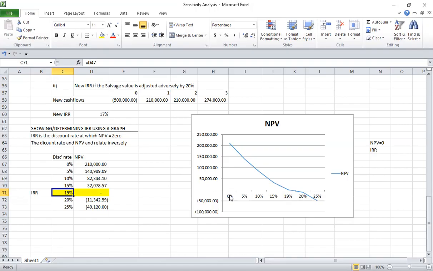For NPV, we have to stick to the two approaches which I've taught. Otherwise, in terms of whether there's another formula, I am not very sure. Could be there is, but I haven't come across that.